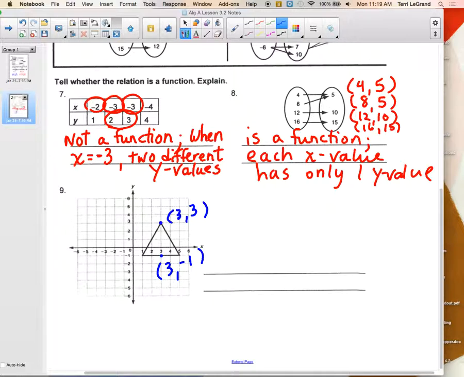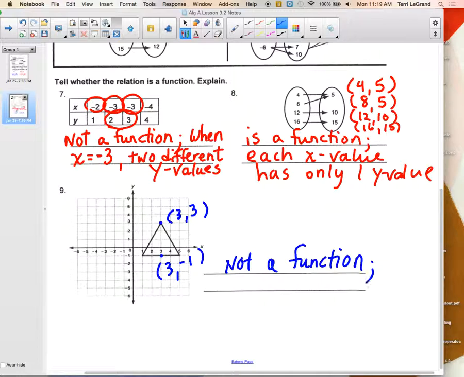So when x is equal to 3, what's y equal to? 3. And -1. Can x equal to 3 have more than one y value and be a function? No, so we would say this is not a function.